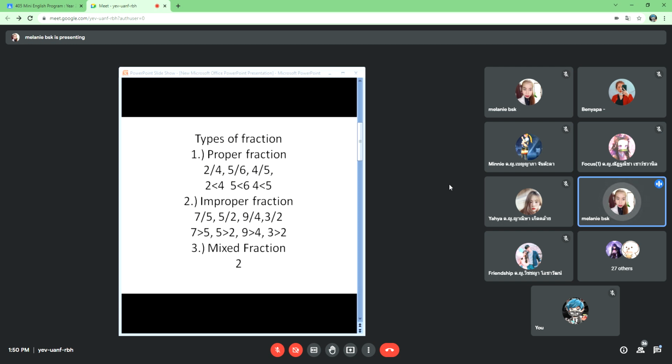For number 1, how many whole pieces were shaded? We have 2 and how many? How about the fraction that we're going to use here? Children, you answer page 84 also, for those who are finished already.